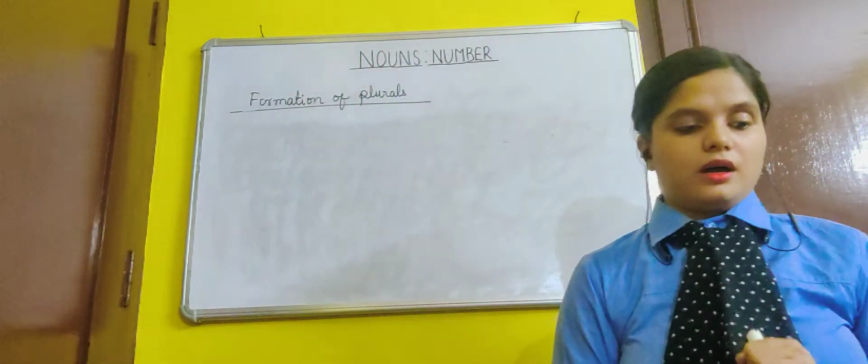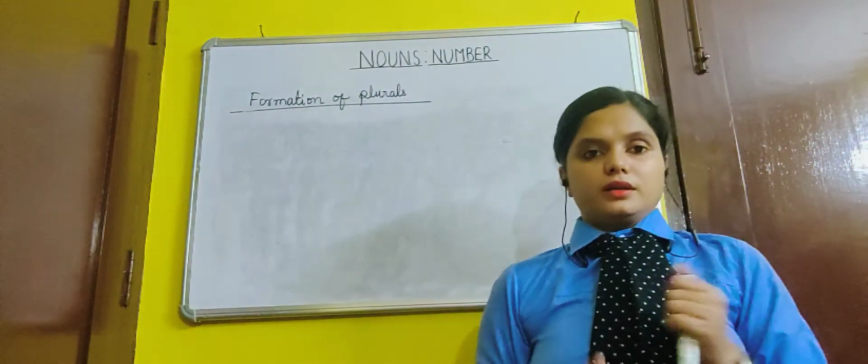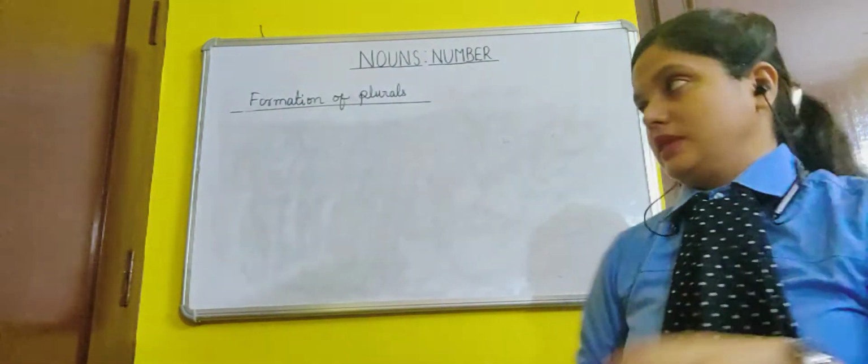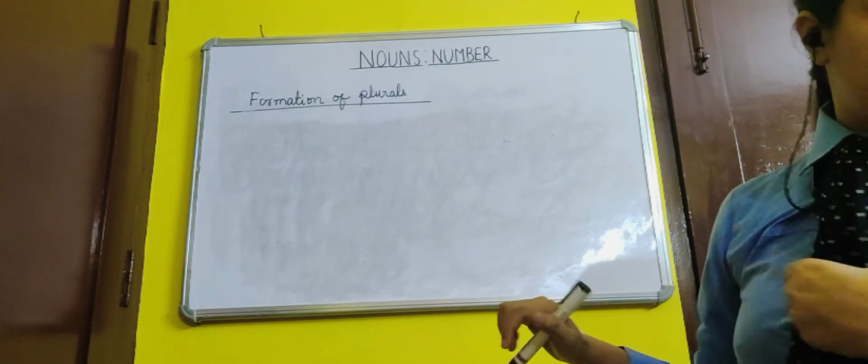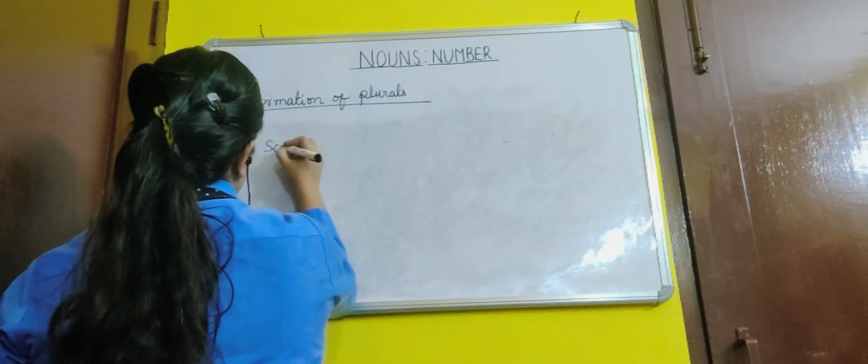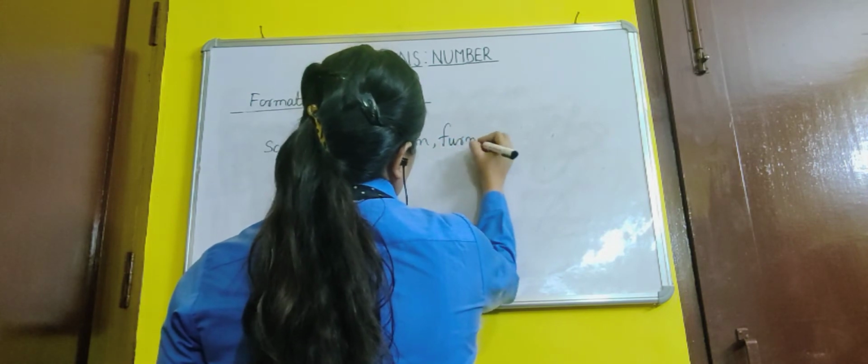Okay, so there are few words like scenery, information, furniture.